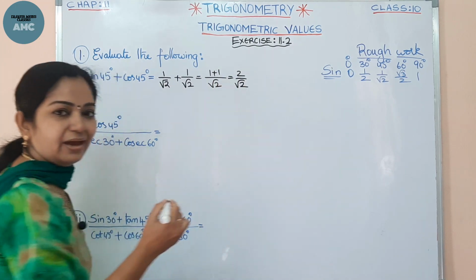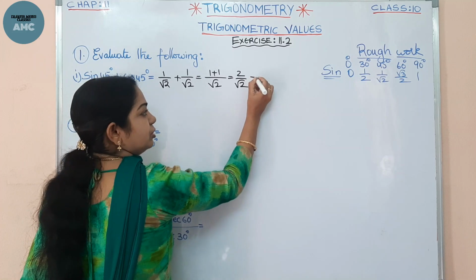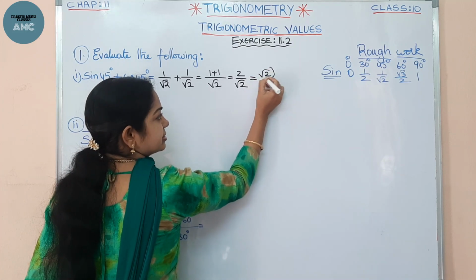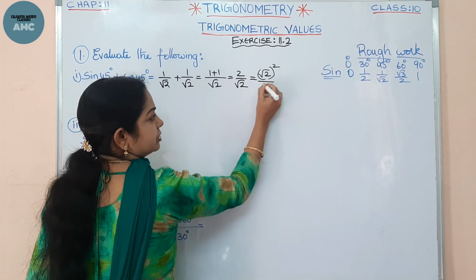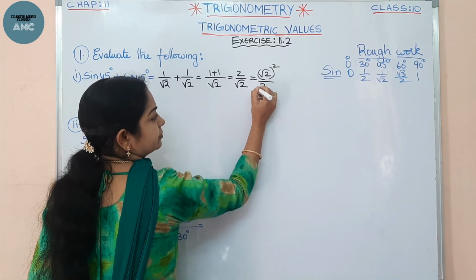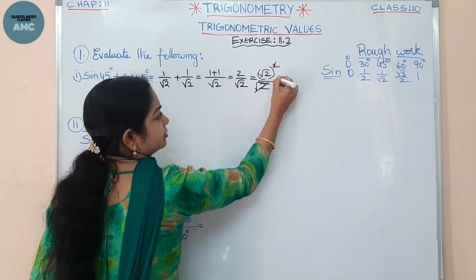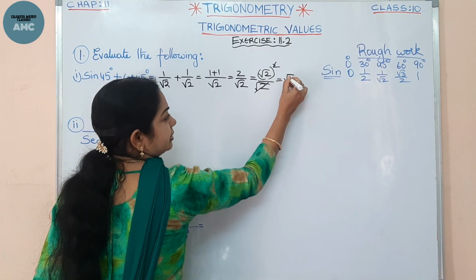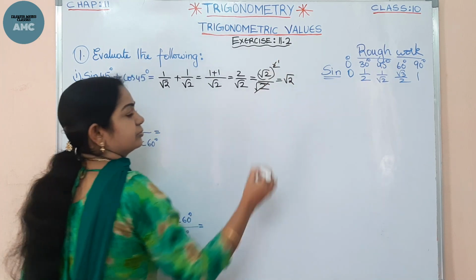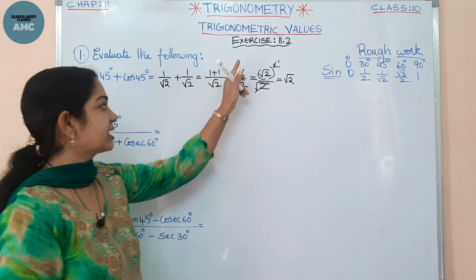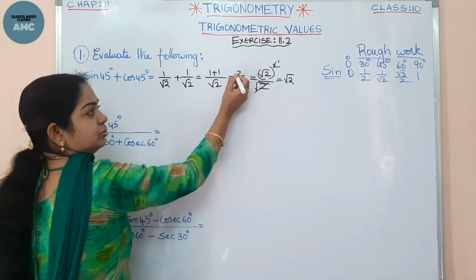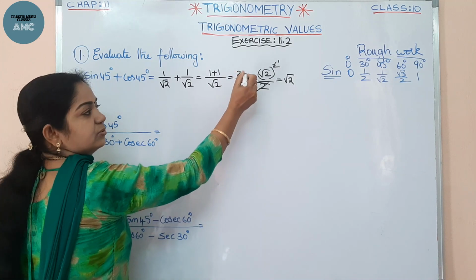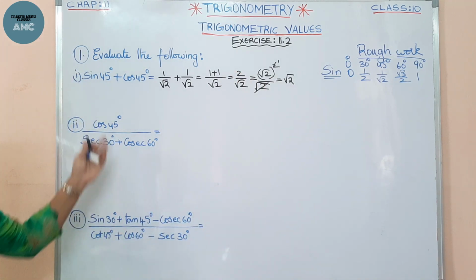Now in 2 we have 2 root 2's, isn't it? Root 2 whole square also we can write this. If you cancel off 1 square root, you get only root 2. Here 2 root 2s are there, root 2 got cancelled, only 1 root is left over, so that is the value.